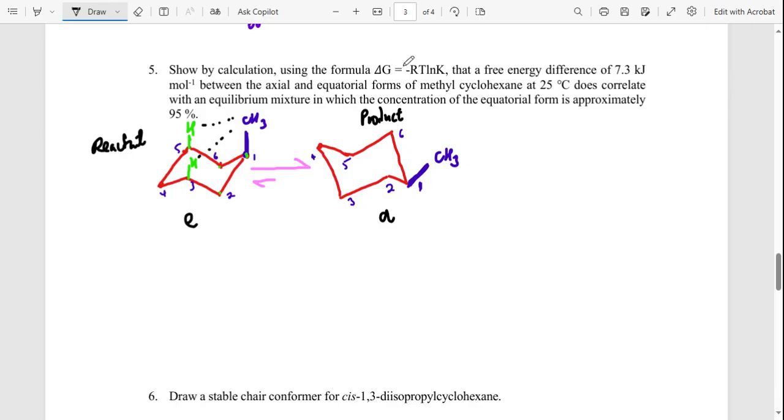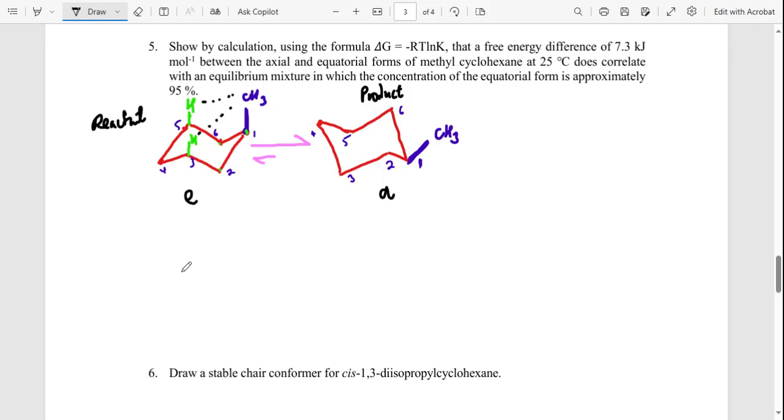But there's also another equation given there, that is the Gibbs free energy. But before then, because this reaction is finding itself at equilibrium, we can calculate the equilibrium constant. The equilibrium constant K is given by the product divided by the reactant, and this is how we always find K from our chemistry, isn't it?